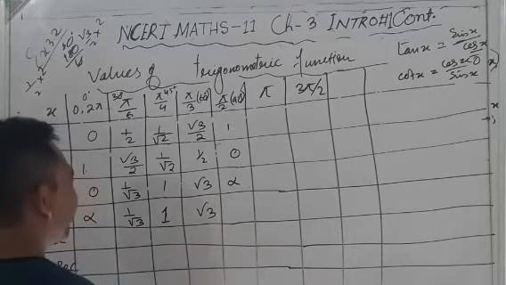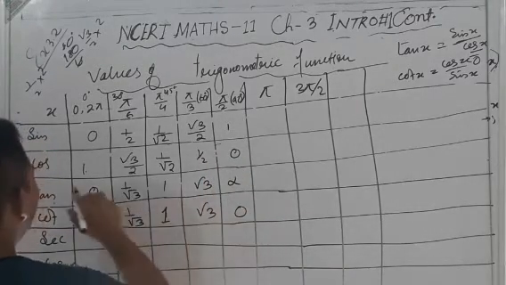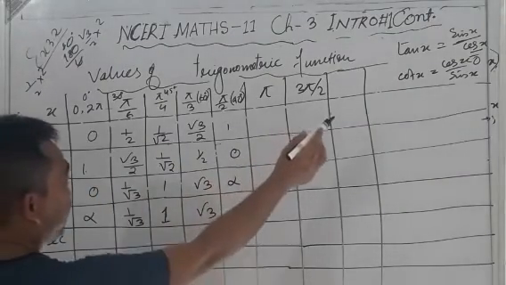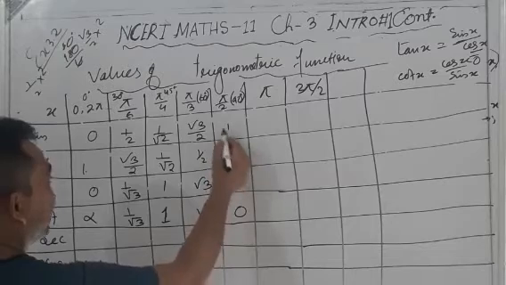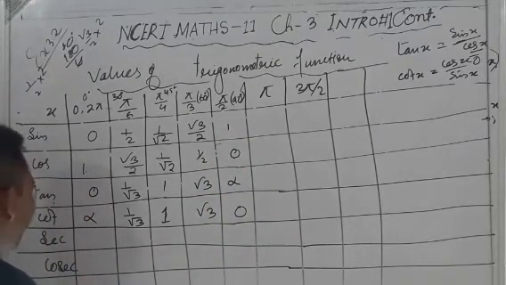And then next, what is that? So it will be 0. Why 0? Because cos x. So for cos x, cos is up, and then it will be 0 by 1. So it will be 0.